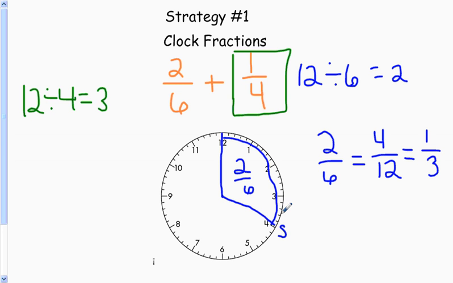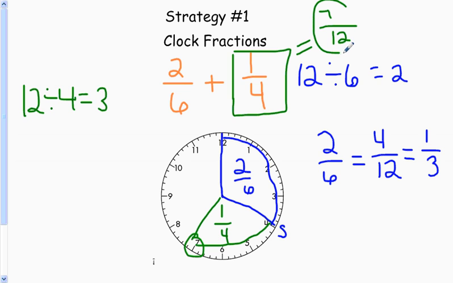So I'm going to start where I left off and move 3 numbers, 1, 2, 3, which leaves me with 7/12. Make sure again that you label your pieces. And then I didn't leave myself much room, but we know just from our work that this equals 7/12. So there's our first strategy.